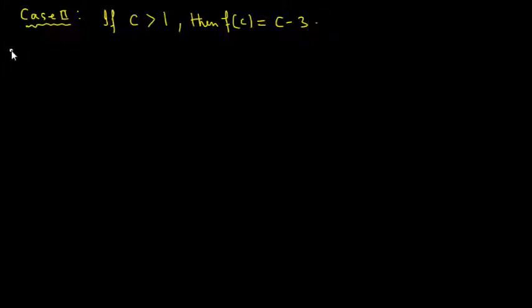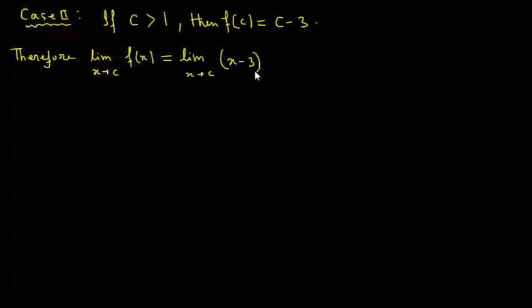Therefore, the limit as x tends to c of f(x) is equal to the limit as x tends to c of x - 3, which is c - 3, which is equal to f(c).